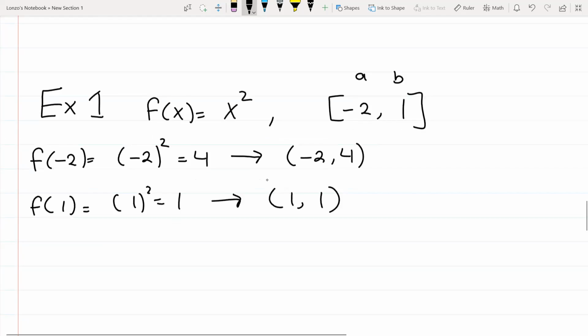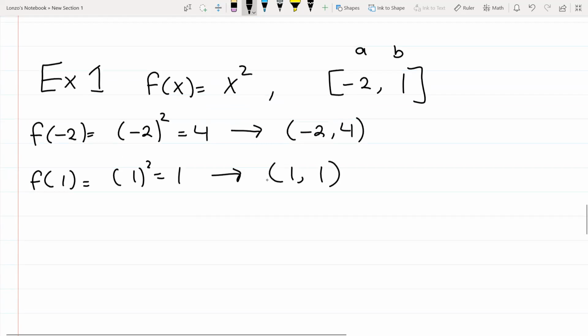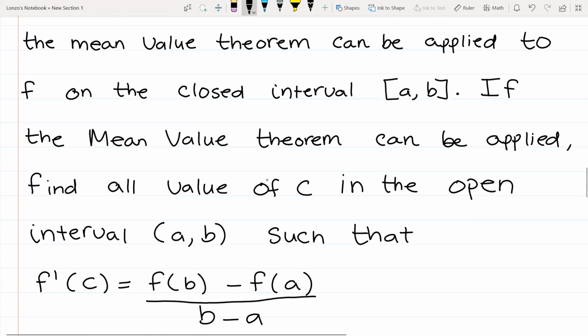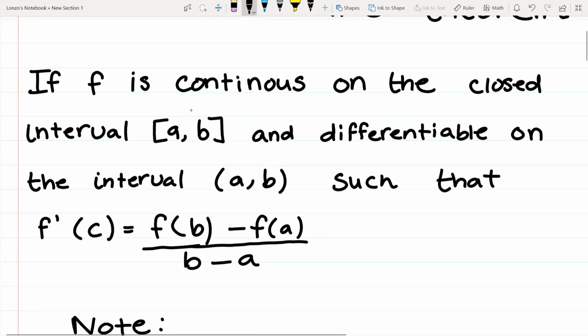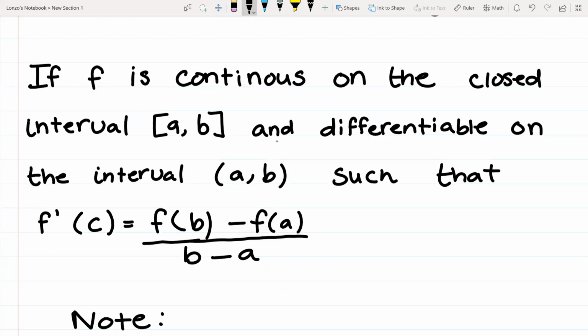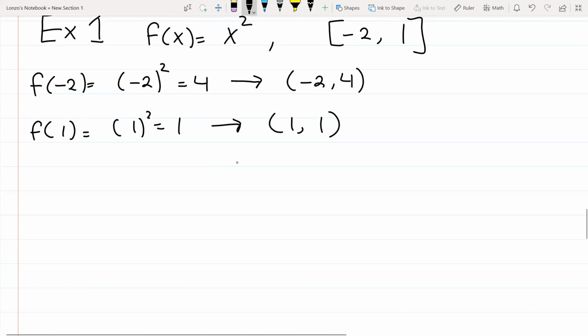Okay, so it's good to graph it just to see if the first part applies: is it continuous on the interval and then differentiable on that interval. Let's do a little graph.